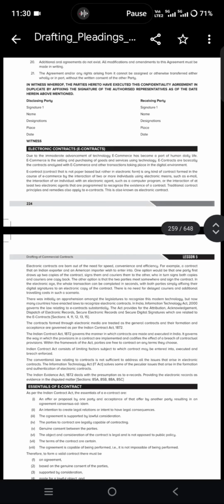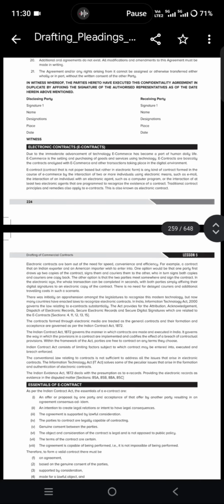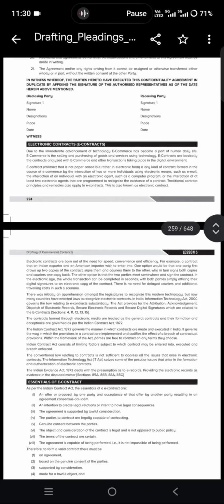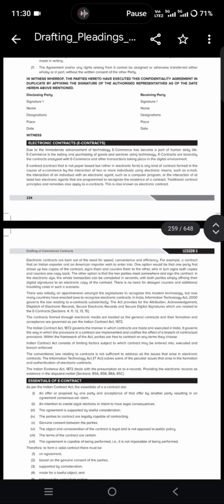Important points in regard to an e-contract. Here X is like a seller or manufacturer, so the customer relation means the buyer's relation with the seller.